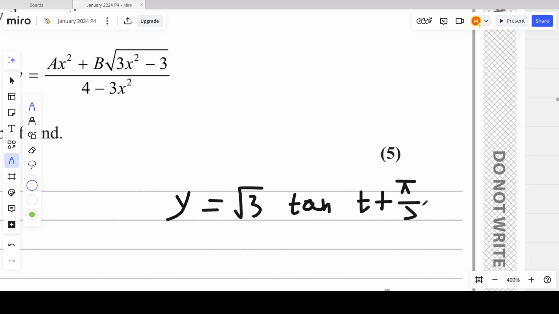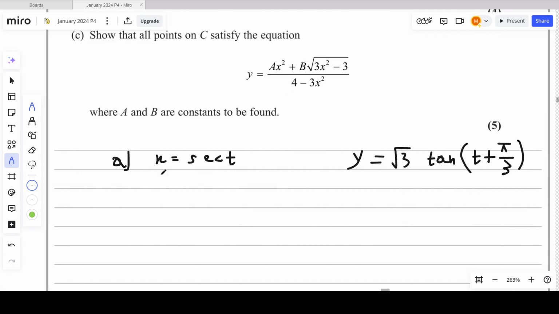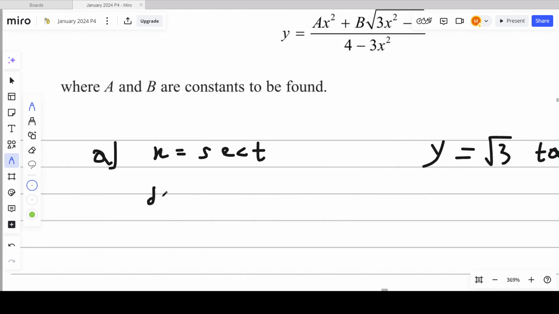Now we need to differentiate both x and y simultaneously, so dx over dt with respect to t.